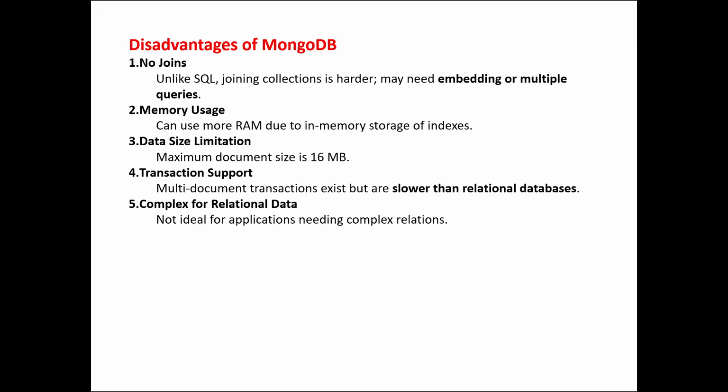For example, for banking systems, they prefer relational databases like SQL or MySQL. So here the transaction support is very low. Next, complexity for relational data. It is not ideal for applications needing complex relationships. For complex relationships, it is also complex.